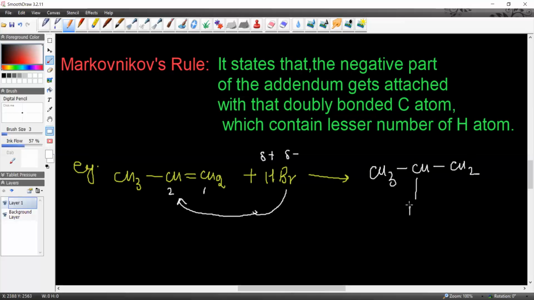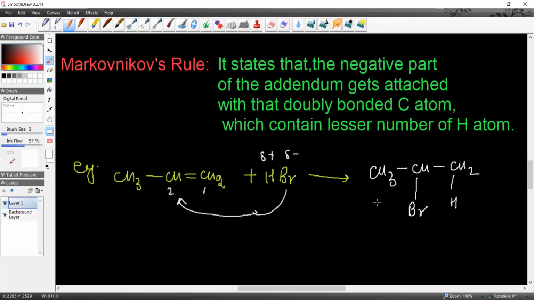The negative part, which is the bromine, is attached to that doubly bonded carbon atom which contains the lesser number of hydrogen atoms, and in our case, the second carbon contains the lesser number of hydrogen atoms. Hydrogen is attached to that carbon atom which contains more hydrogen atoms. So this is the rule of Markovnikov.